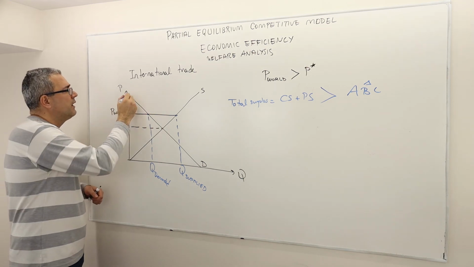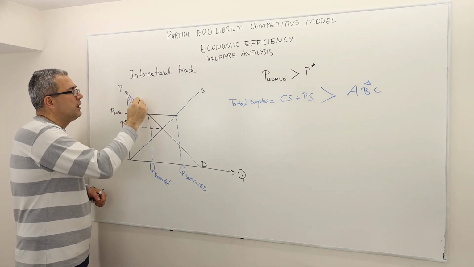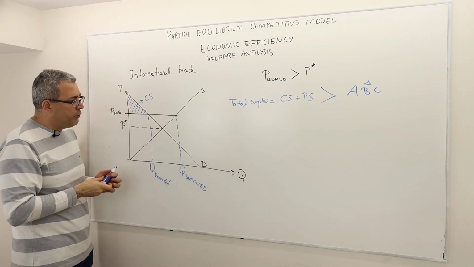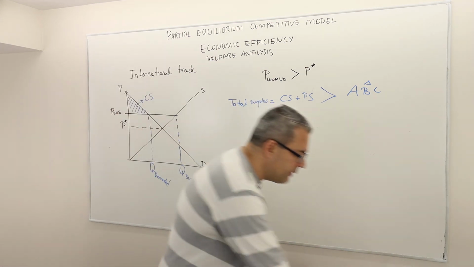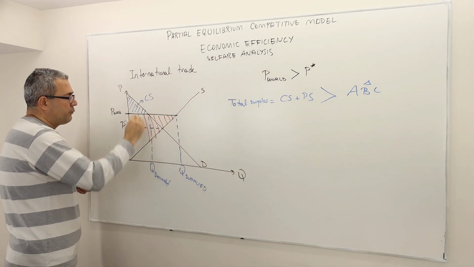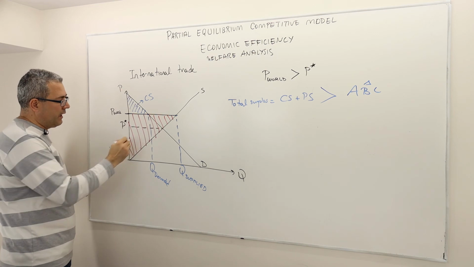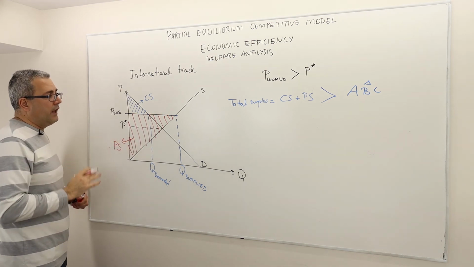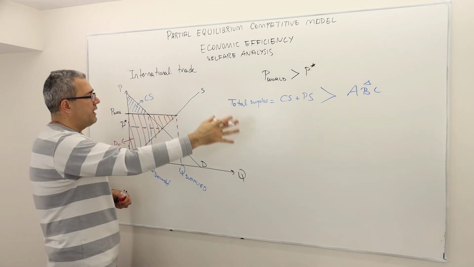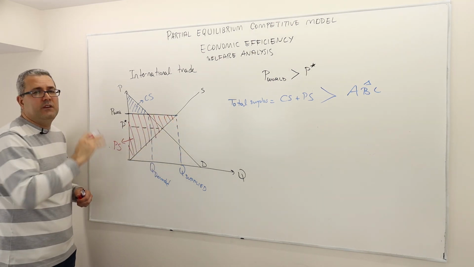They are facing a higher price, so therefore fewer customers are willing to buy this good. What happens is that the consumer surplus will shrink relative to the no trade case, but the producer surplus, let me use the red, the producer surplus actually increases. And so nevertheless, when you calculate the total surplus, it's still going to be greater than the ABC area.